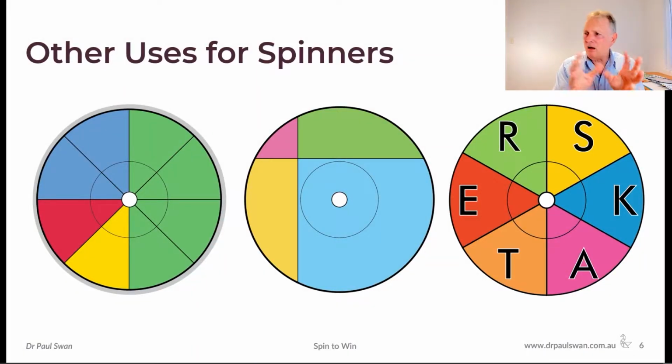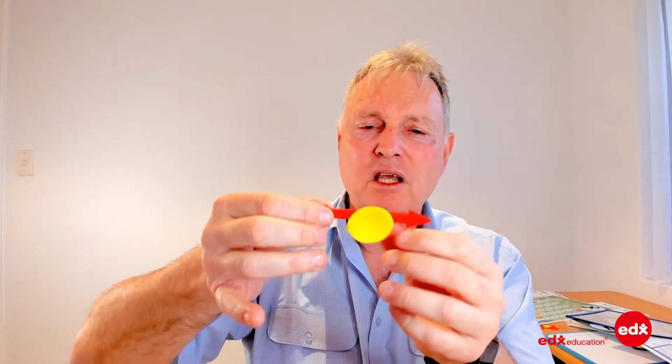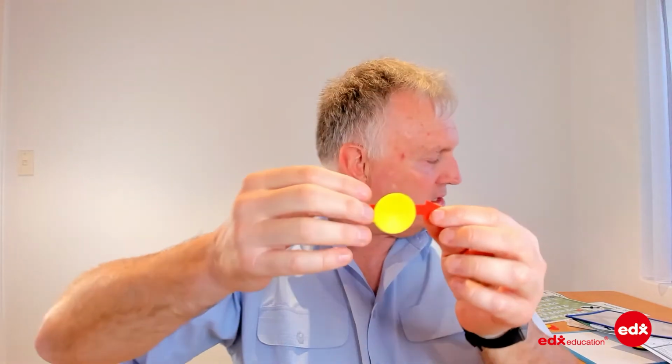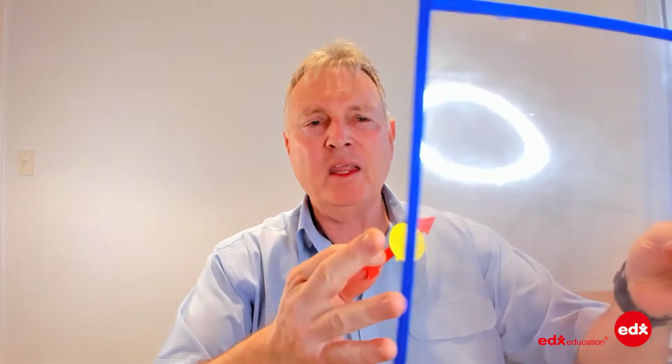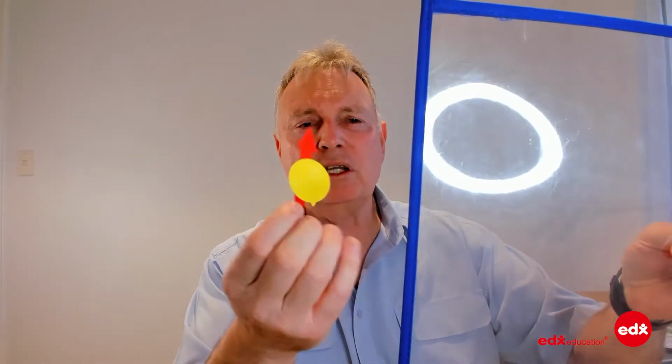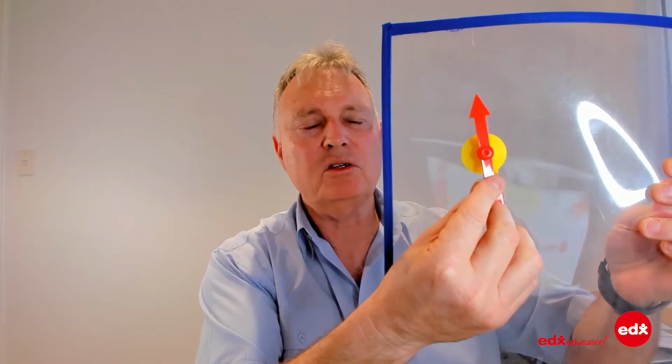Now you may notice one other thing here, that in this spinner there's an extra little circle around the middle, and that's designed so that when you've got, say, one of these suction spinners, it sits inside the sleeve. Remember we talked about how you might take that spinner on a bit of paper, put it into one of those clear plastic sleeves, and then you can put your spinner on it.